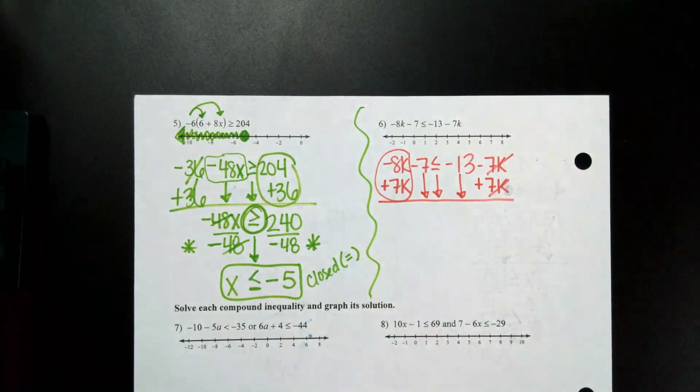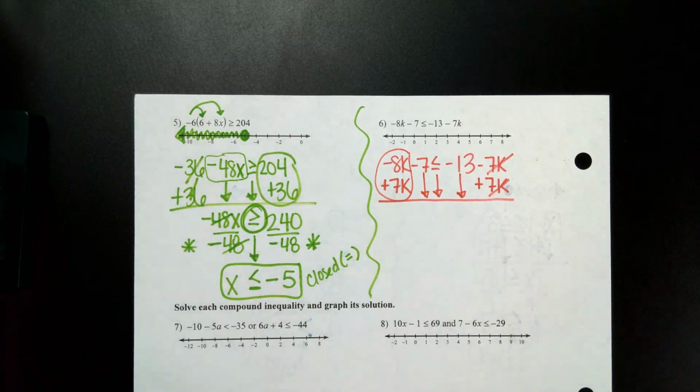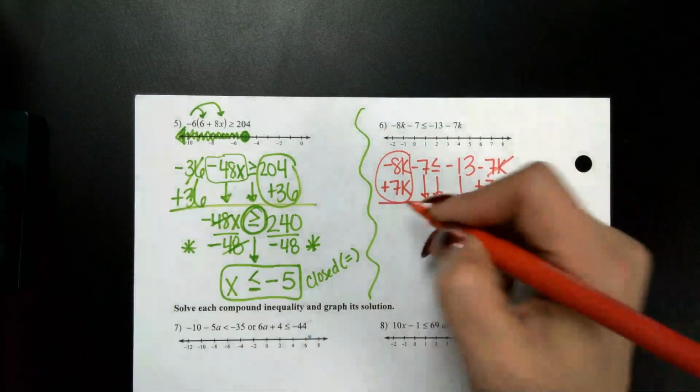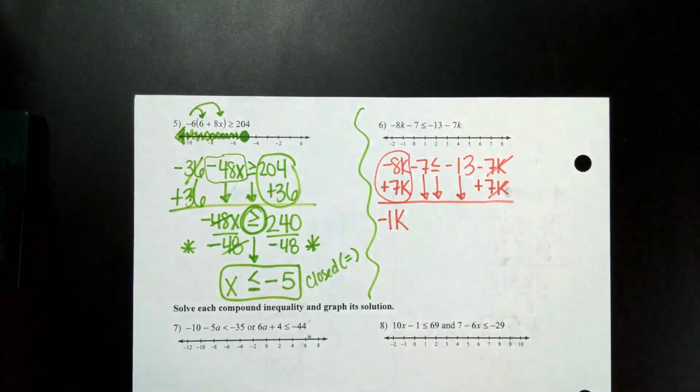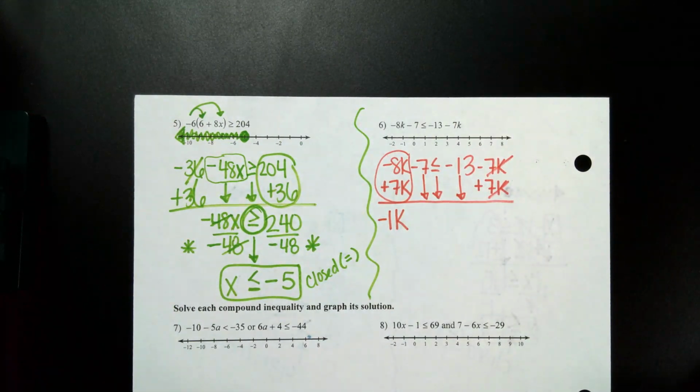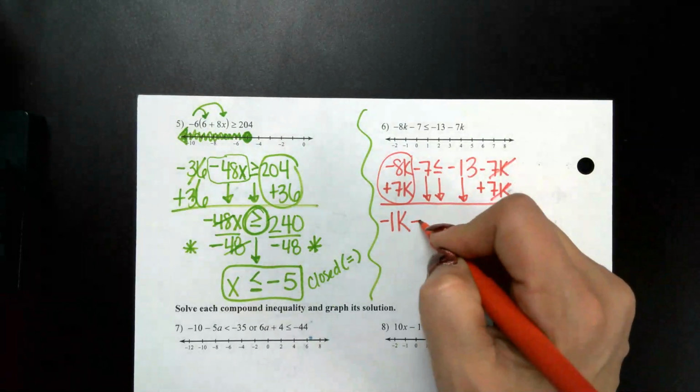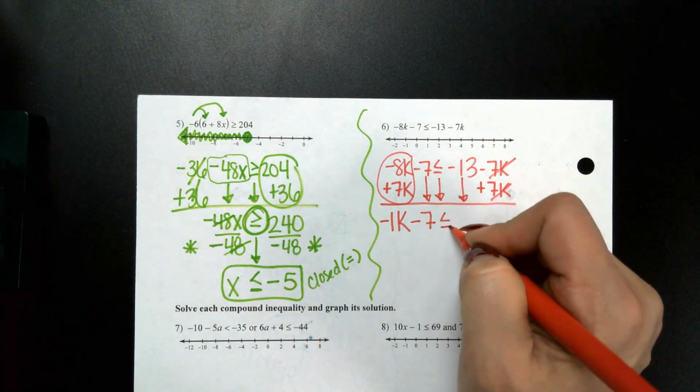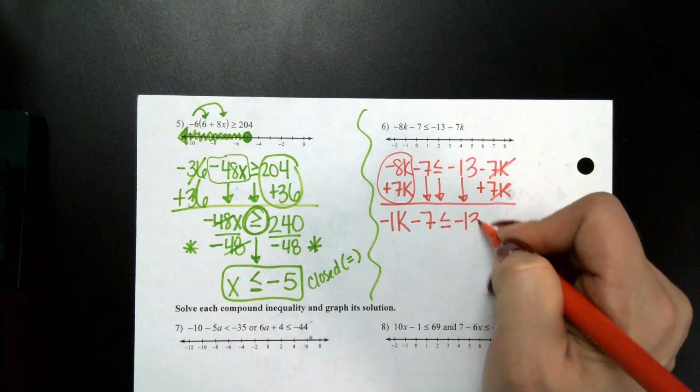What's -8 plus 7? Should be -1. And just don't forget your letter. So -1k -7 is less than or equal to -13.